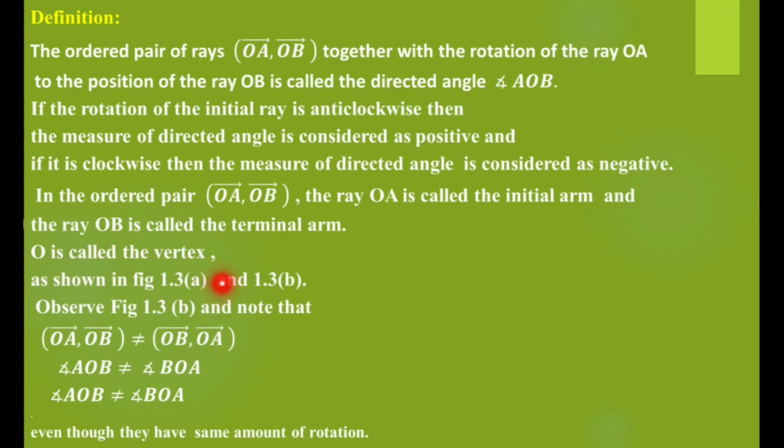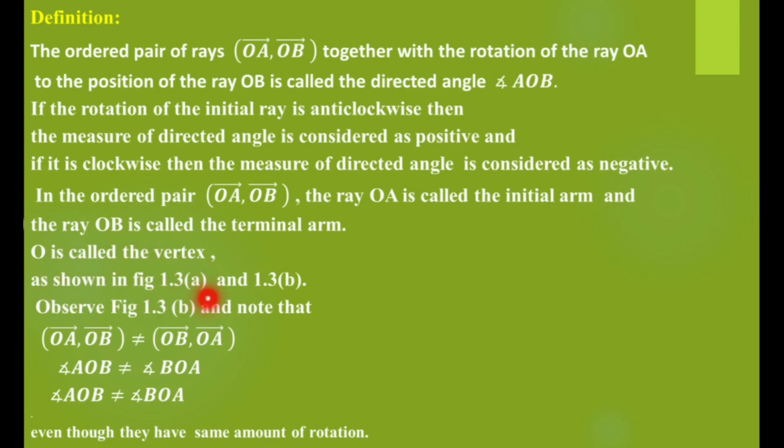You know the vertex in a triangle is where two sides intersect; that common point of intersection of the two sides is called the vertex. So here the initial arm and the final arm, that is the terminal arm, intersect at a point. That point is the origin, or we call it the vertex.